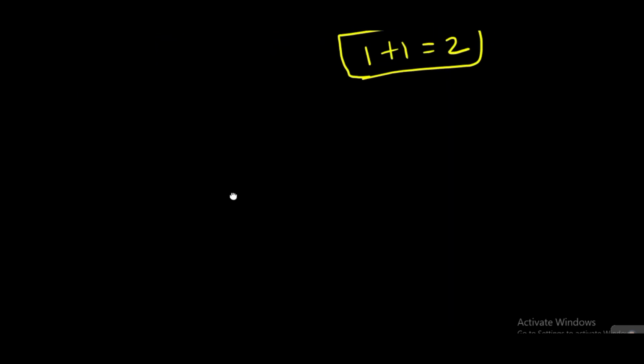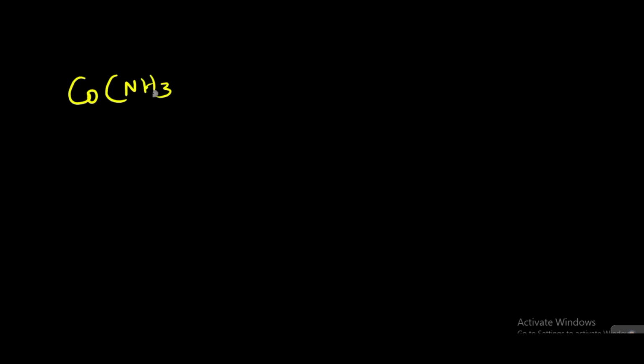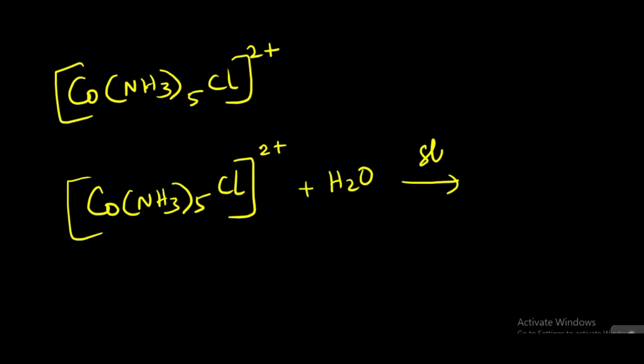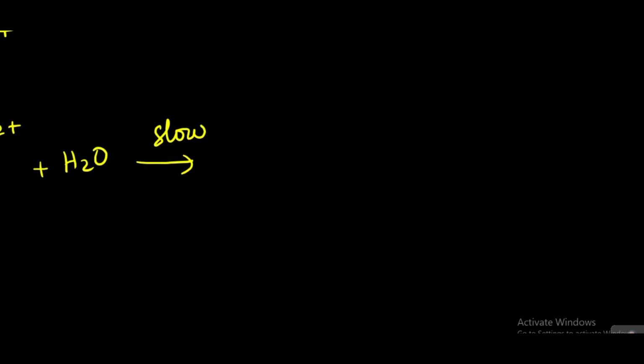This mechanism can be illustrated with the hydrolysis of the following complex, [Co(NH3)5Cl]2+. [Co(NH3)5Cl]2+ is now going to interact with the water molecule, water as a nucleophilic ligand, and we know that it is a slow step. So during this slow step, what will happen?